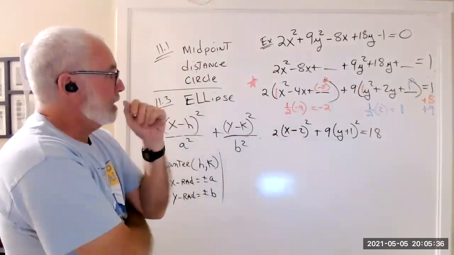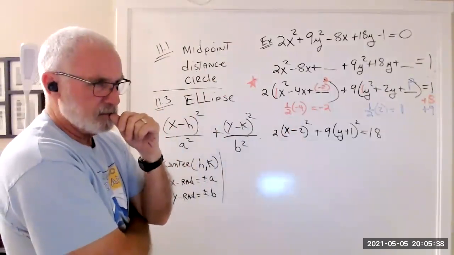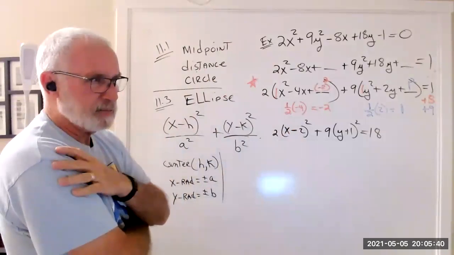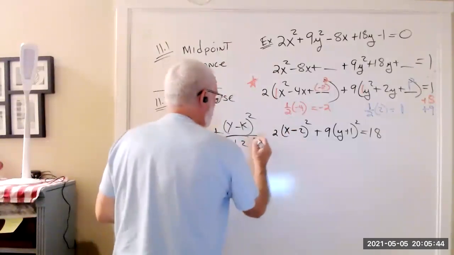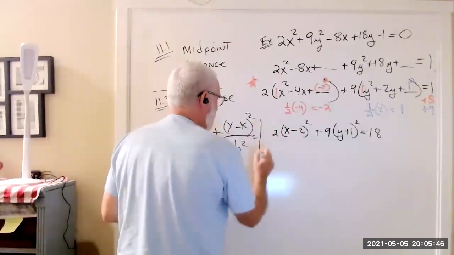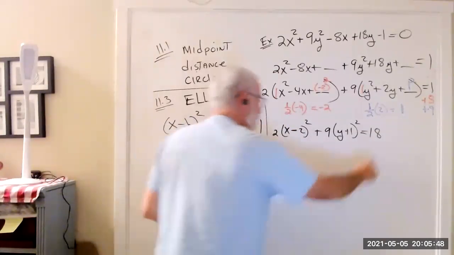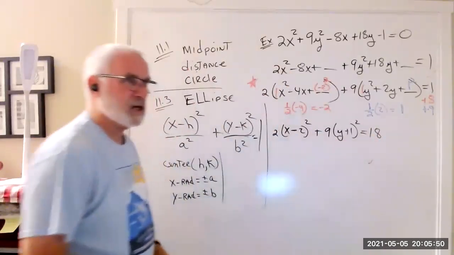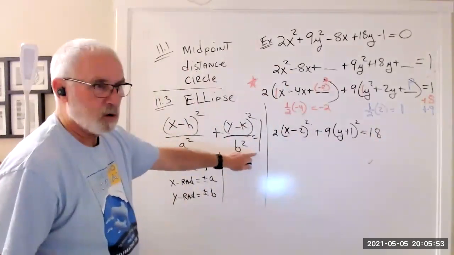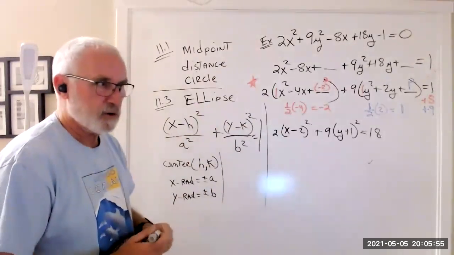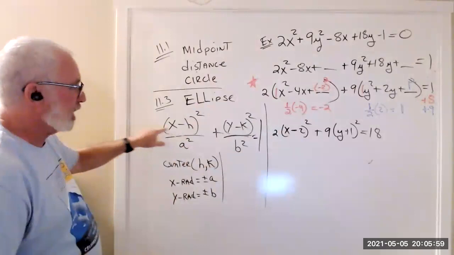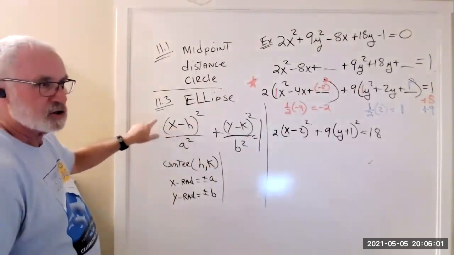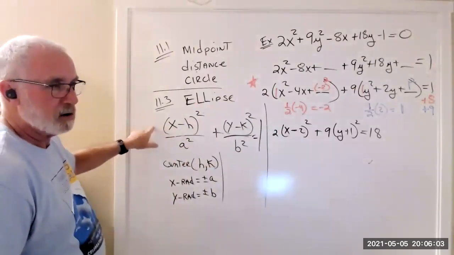Okay. But this is an ellipse. First off, I've erased it, but an ellipse has to equal 1. It equals 18. An ellipse is supposed to equal 1. Further, look at this ellipse formula. Does it have something times x minus h? Is there a multiplier out here?